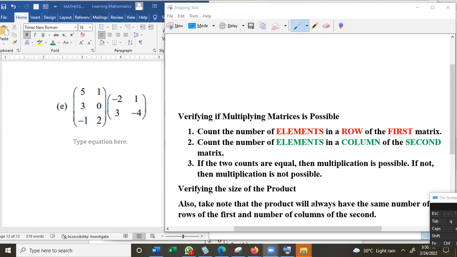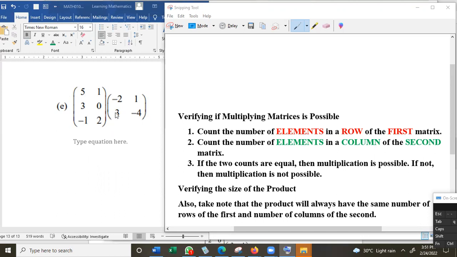Take note that the product will always have the same number of rows as the first and the same number of columns as the second. So how many rows are there in the first matrix? 1, 2, 3. So the product will have 3 rows.